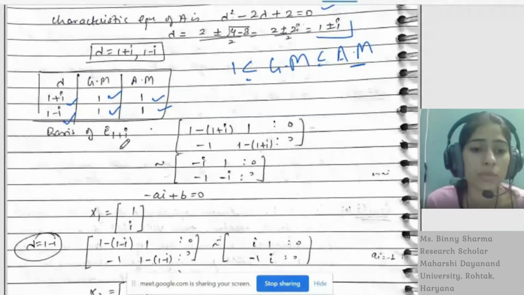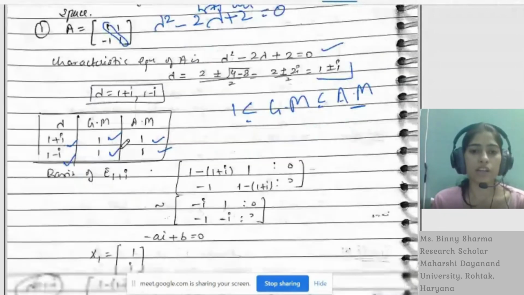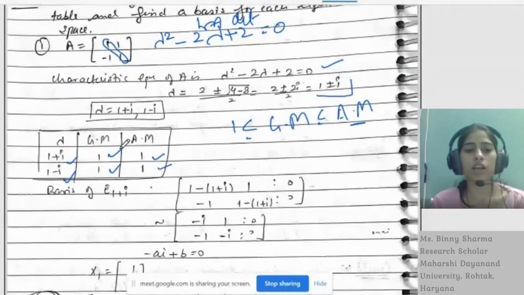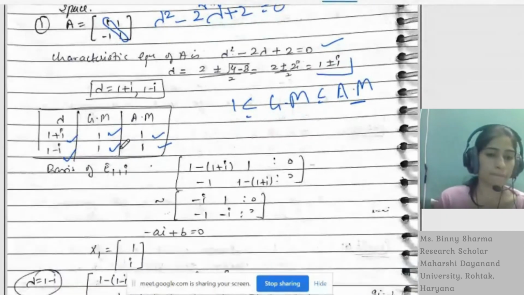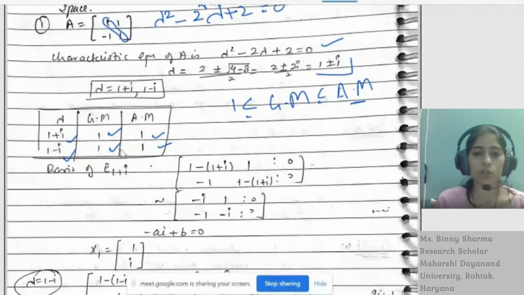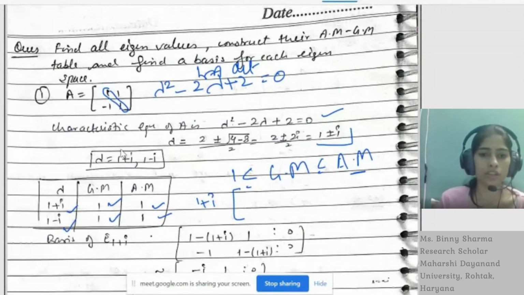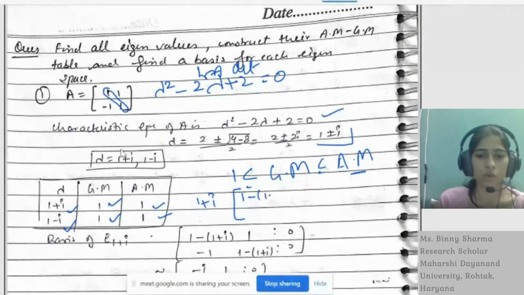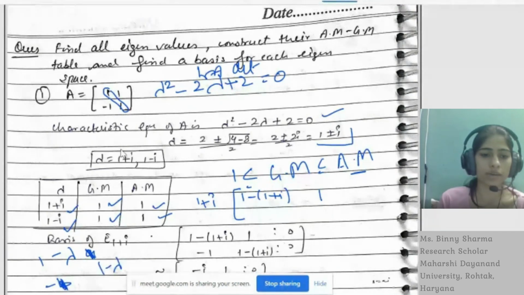Now the basis of E of 1 plus iota. We are interested in finding the basis of the eigenspace corresponding to the eigenvalue 1 plus iota. So A minus lambda I is [1 minus lambda, 1; -1, 1 minus lambda].